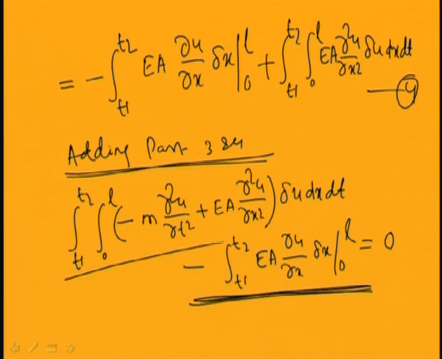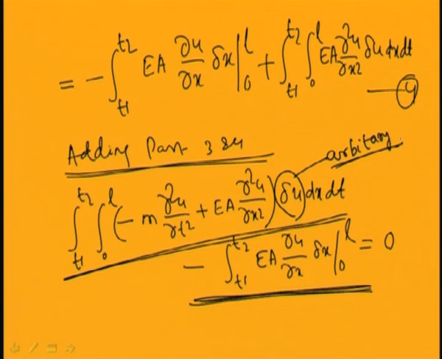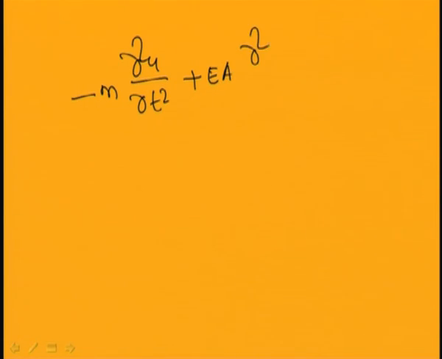And for the first part, as del u is arbitrary, the virtual displacement can take any value. So, as this part is arbitrary, the integral will be equal to 0 if and only if this part equals 0. Equating this part to 0, that means minus m del square u by del t square plus E A del square u by del x square equal to 0.